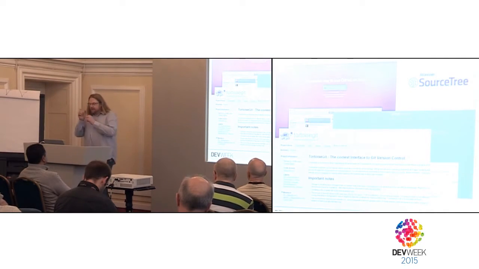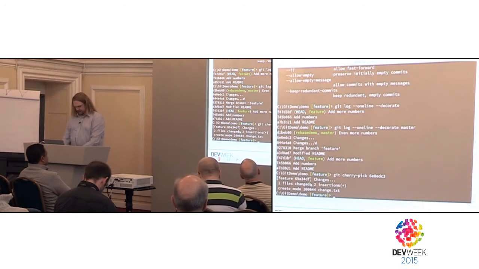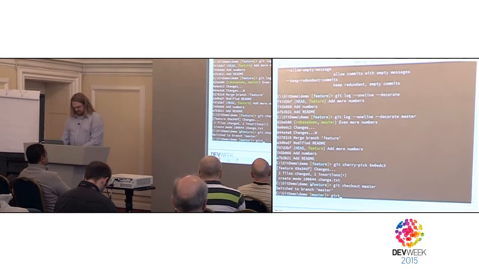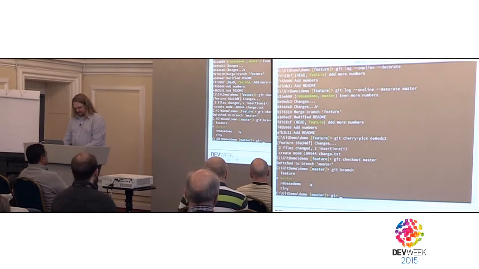Yes, so the branch itself is just a label. So yes, if I needed to, if I git checkout master, and if I just look at my branch list, I've got all those branches. I could simply git branch delete feature, done.